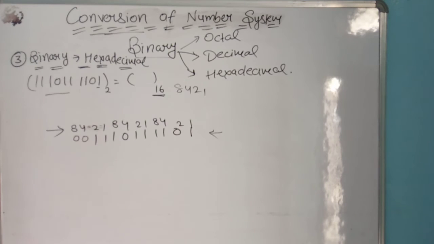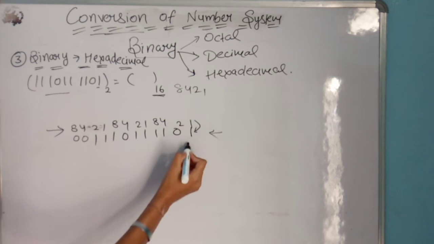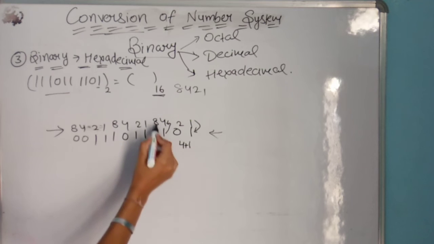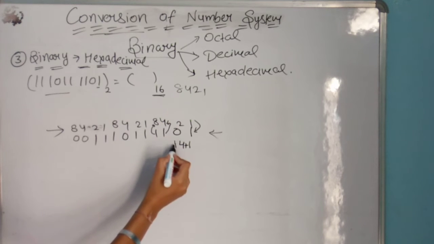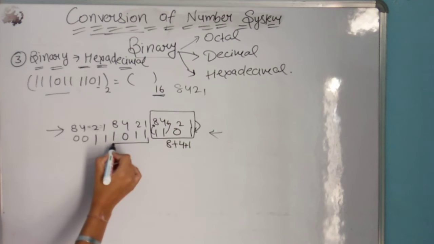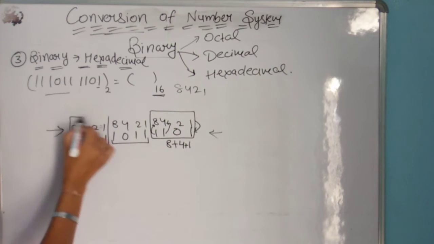Now learn about the on bits, at the position of 1, at the position of 4 and at the position of 8 for this group. This is our first group, this is the second group, and this is our third group.